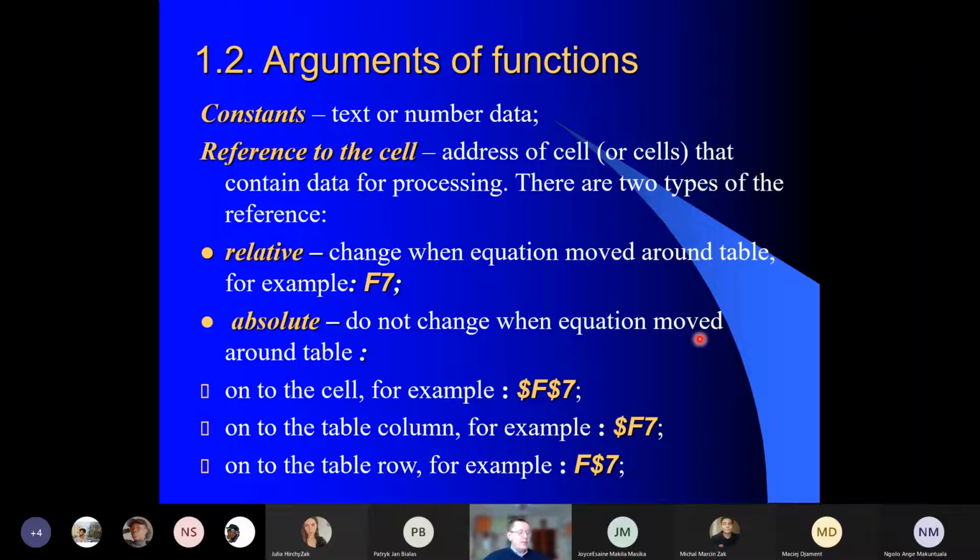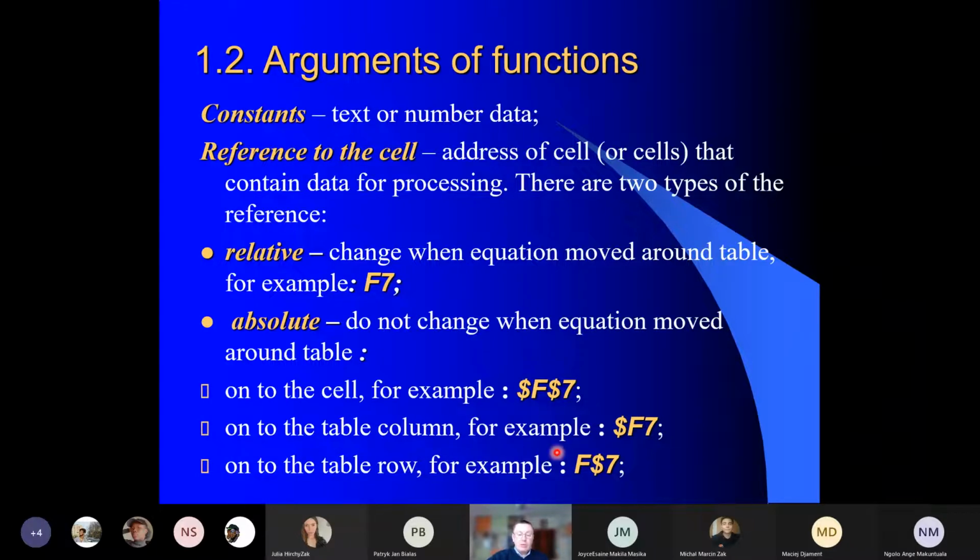As for arguments, we could have constants, like an exact value, a number or a text value, and usually a reference to a cell. These are conventional arguments, which could be relative, when we just mark the column label and row number, or column number and row number in R1C1 notation.